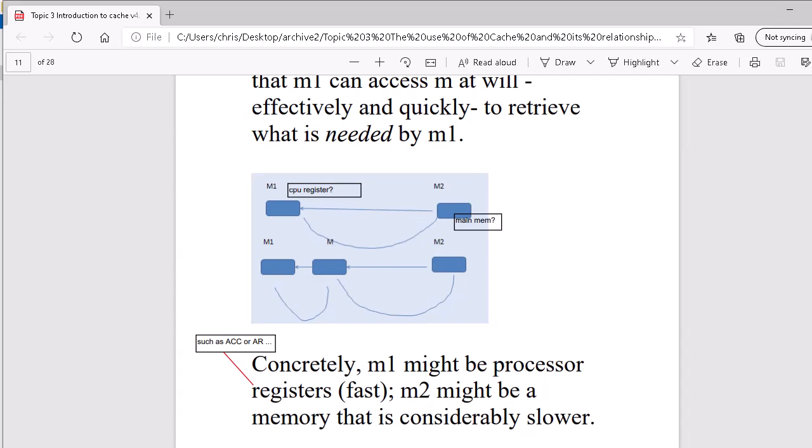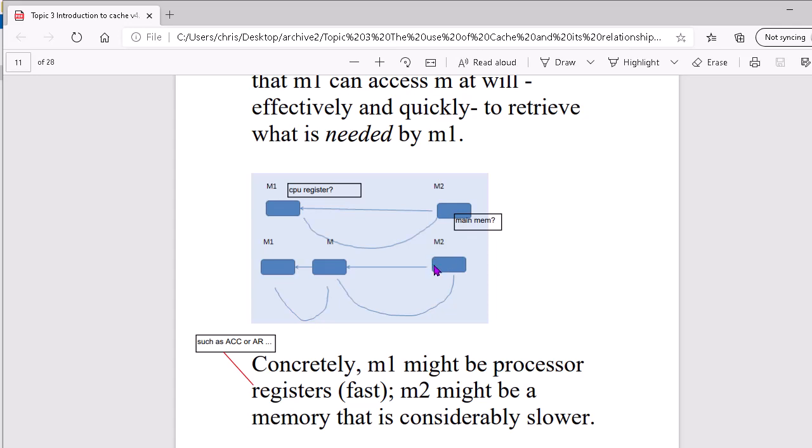So the idea is this. I've got slow old main memory here, M2, and I've got something like a CPU register, the fast memory, perhaps in the CPU itself. And I'm going to fetch data or an instruction to M1. It's going to take maybe a journey time of 500 nanoseconds. Okay, you might think, well, that's next to no time, but it's quite a lot of time.